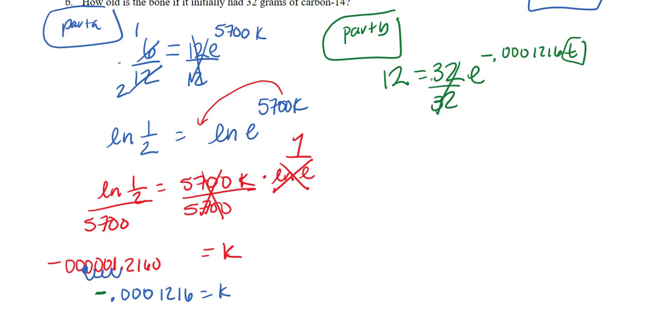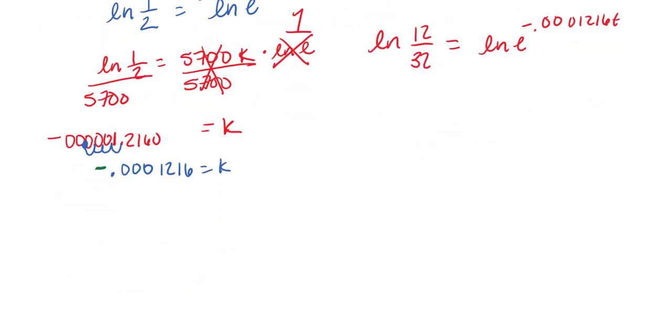So let's go through this. We go ahead and divide on both sides. Then we're going to take the natural log of both sides. What does that become?